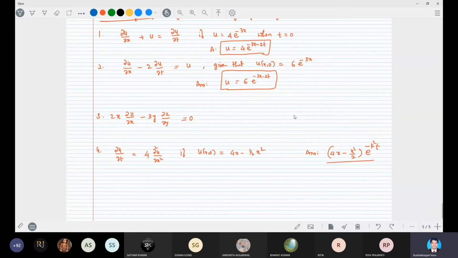For this one, the answer is z is equal to some constant c into x power k by 2 into y power k by 3. Okay, do them.